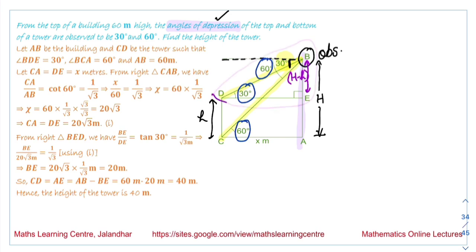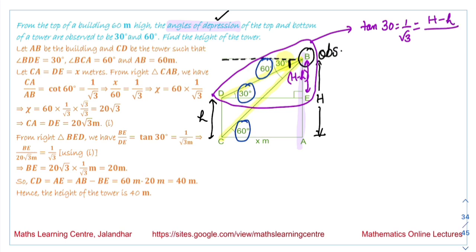If we consider the triangle DBE, tan 30, that is 1 by root 3, is equal to capital H minus small h over x. X is the distance between the two buildings.